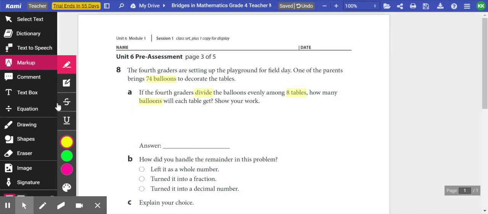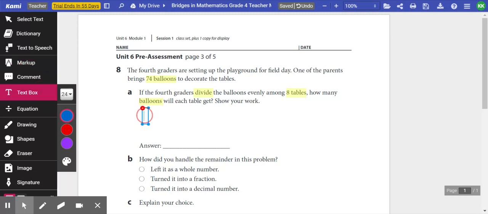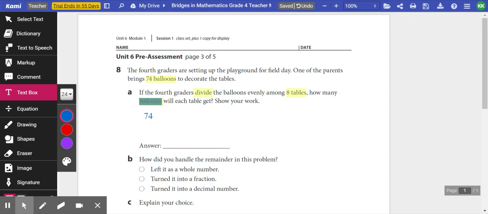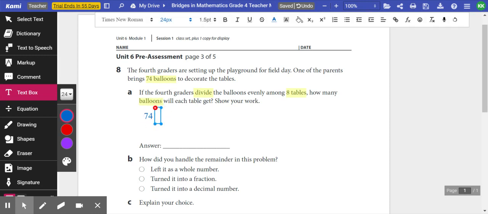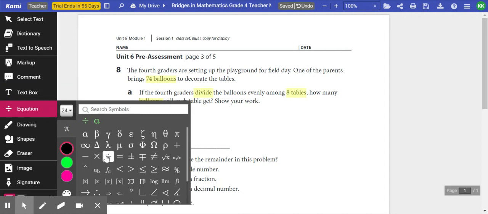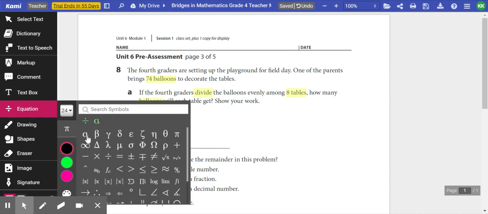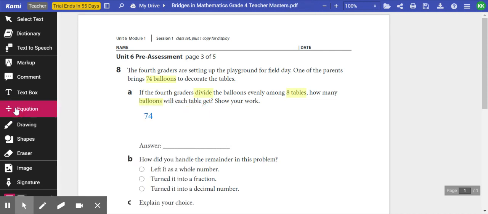Okay. So let's look at the problem. So I know it's going to be 74. I'm going to go over here to my equation. I'm going to do another text box. In order to get the symbols, you have to do another text box. So I go to equation, double click on that. If I do another text box there and I put the equation, it should do that for me. But if it doesn't, I'm not sure why.